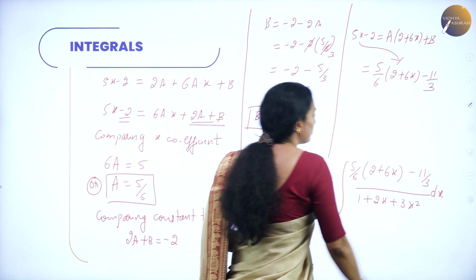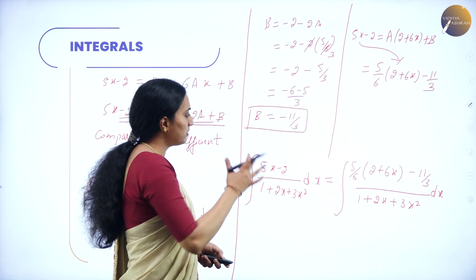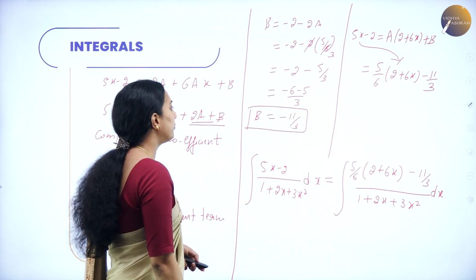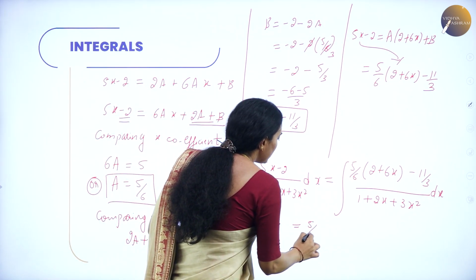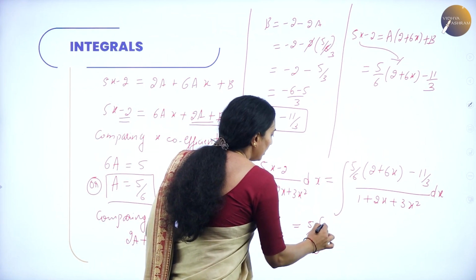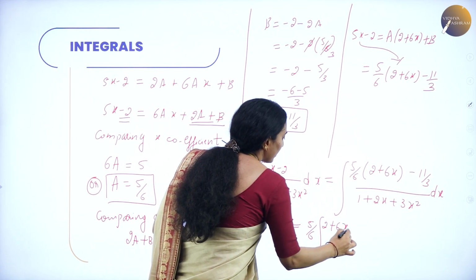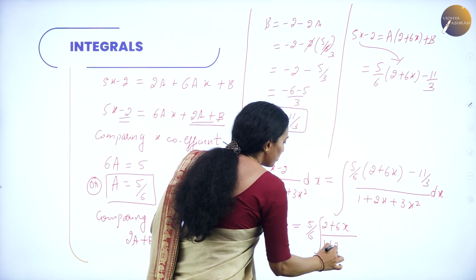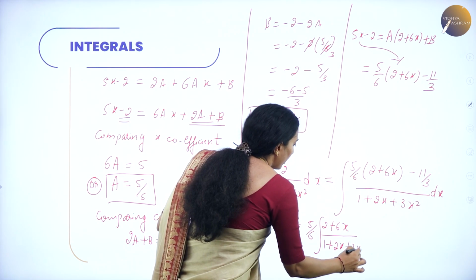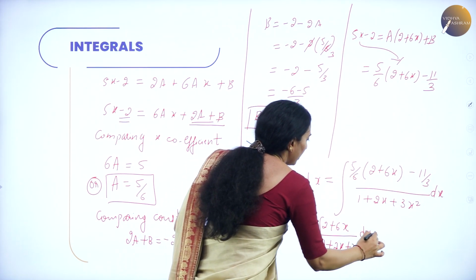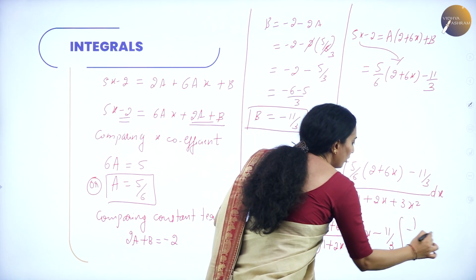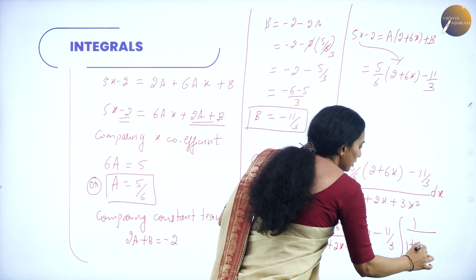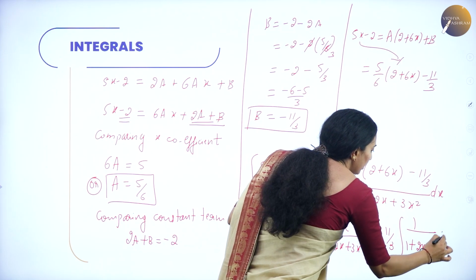I hope you understood this. Now I am segregating it. If I segregate, I get 5 by 6 into the integral of 2 plus 6x divided by 1 plus 2x plus 3x squared into dx, and again minus 11 by 3 is a constant, so I take it outside, times 1 over 1 plus 2x plus 3x squared into dx.